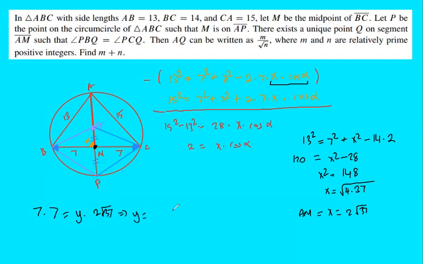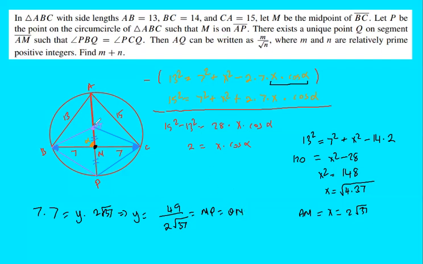So y should be 49 over 2 times root 37. Okay, it's not really nice, but at the same time, our denominator is going to be a radical. So this is y, which is equal to MP. Okay, so let me write that. And this is the same as QM.